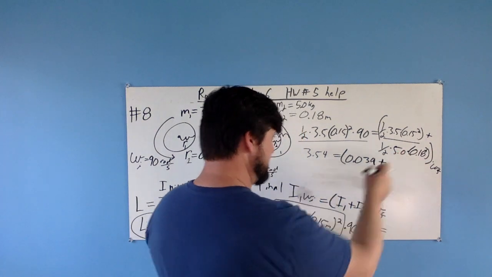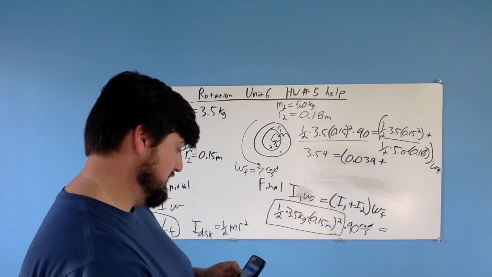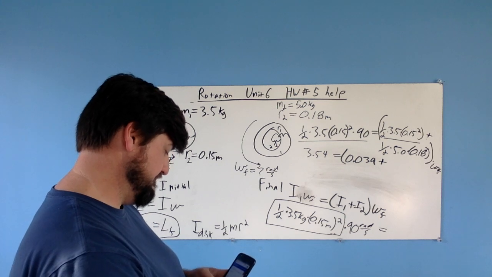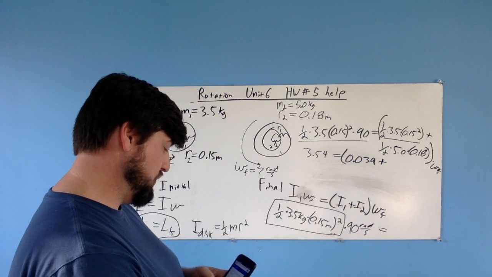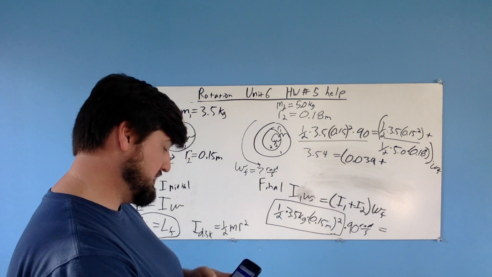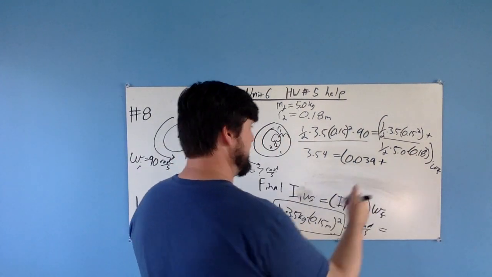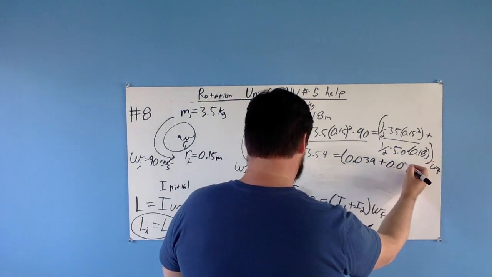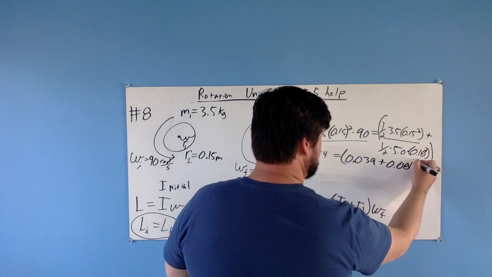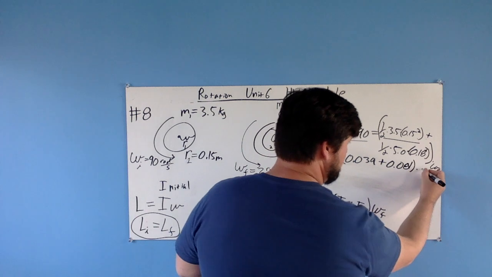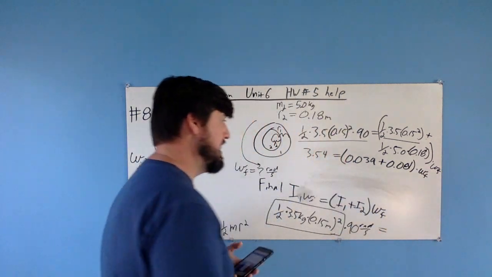I have to add in my second I, so I get 1/2 times 5 times 0.18 squared, okay? And for that, I get 0.081, and then don't forget your omega final is still out here, okay?